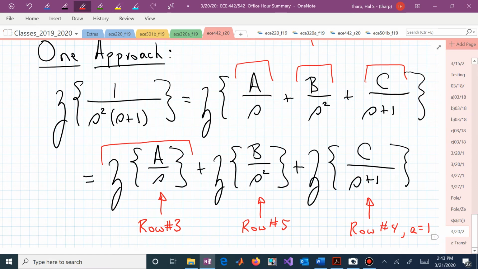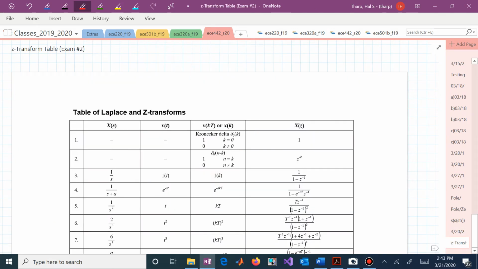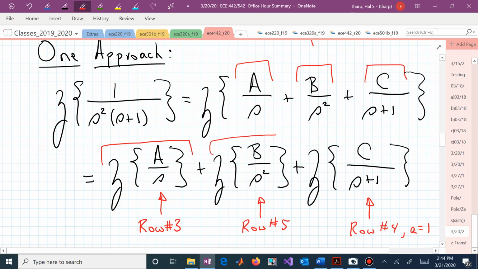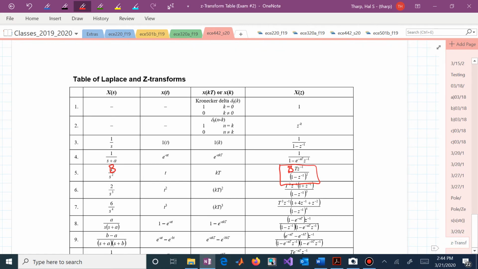This B over s squared, now you're simply going down the rows and you're saying, do I see that? Oh, I see it. And if I scale that by B over s squared, now I can replace all of this with what I have in the last column of this Laplace transform z transform table.